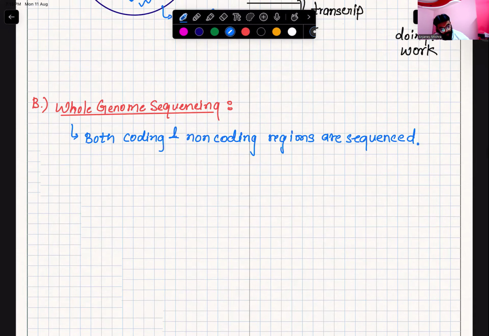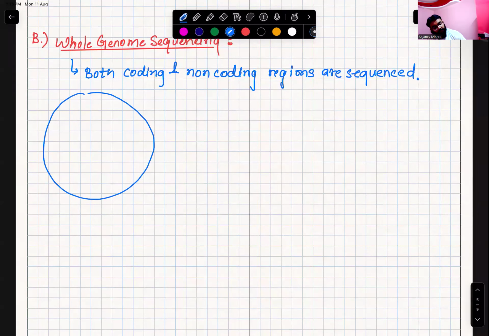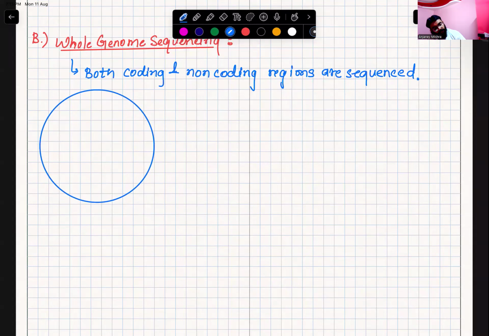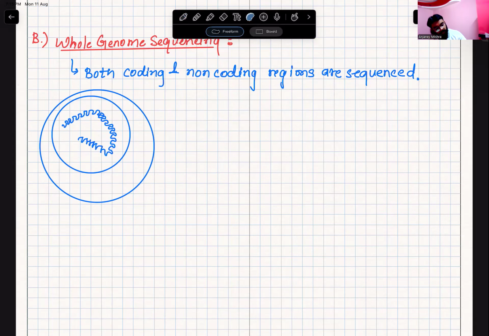So, sir, how do we do it? First, again, let's take a cell. This is our dear cell and this is our cell's nucleus. And inside this, we have the DNA, which is double stranded.